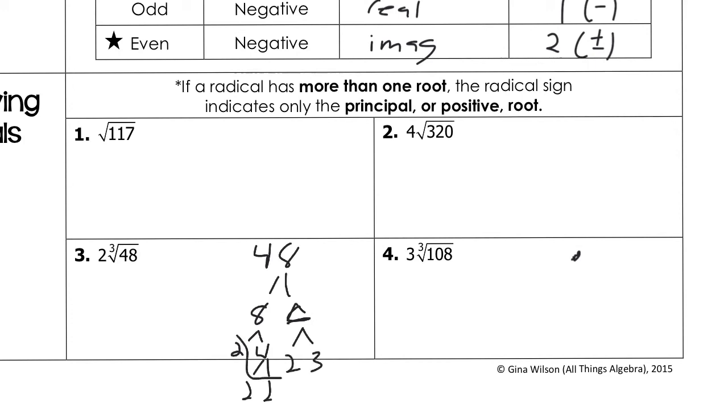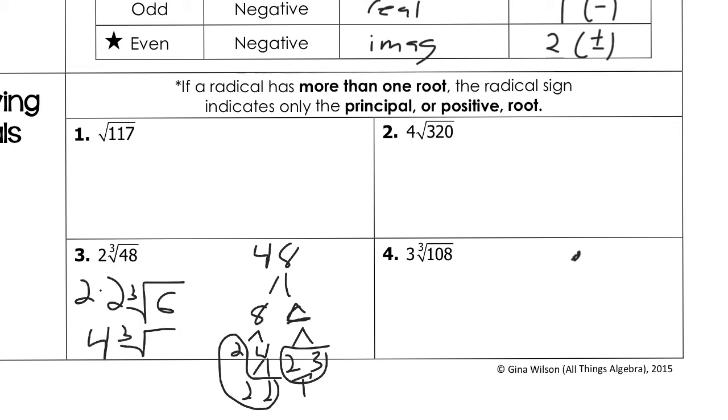So here we've got this set of 3 twos, and then these don't have any sets of 3. So our cube root would be 2 times 2 coming out of the cube root, and then the cube root of 6 is what was left on the inside. Okay, so it would be 4 cube root of 6 is our final answer there.